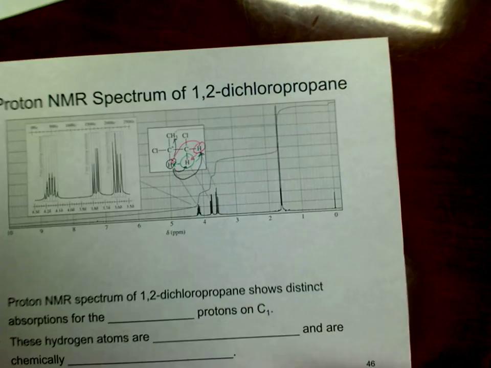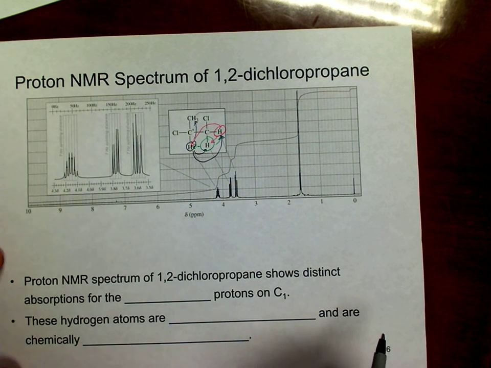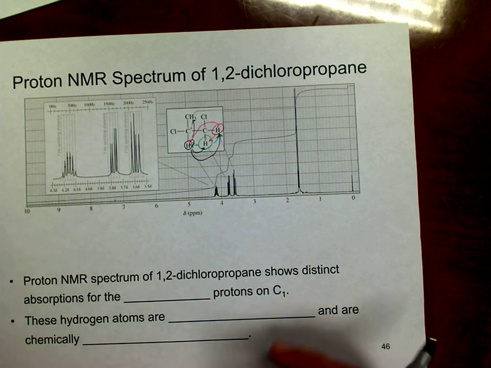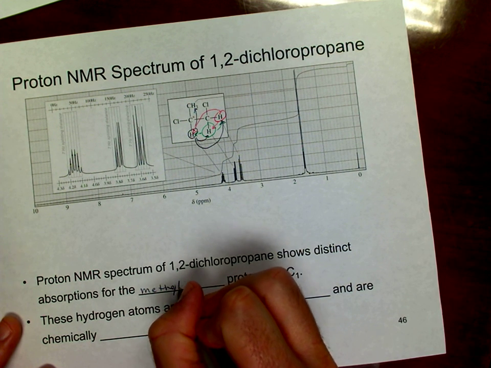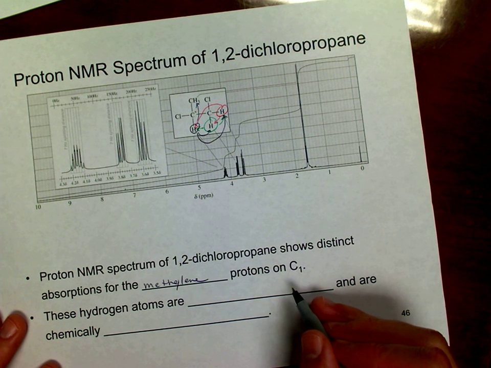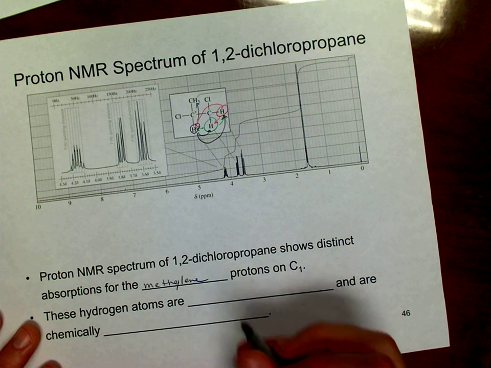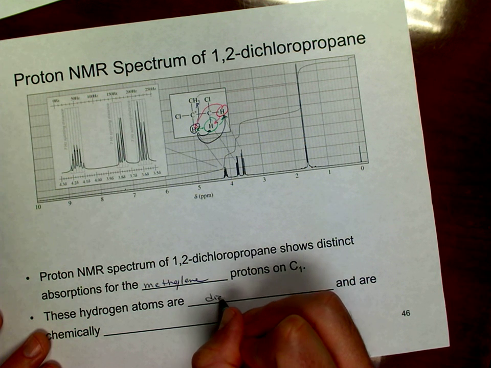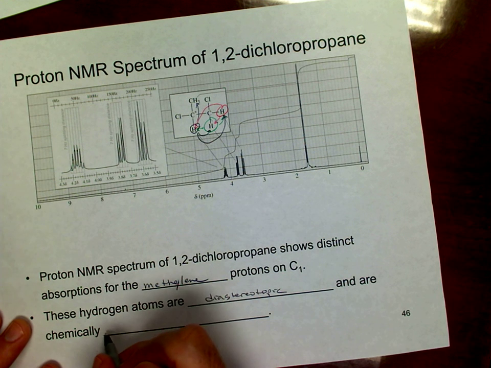It's splitting into a hextet or a sextet. Interestingly enough, there are distinct absorptions for the methylene protons on C1. These hydrogens are diastereotopic and are chemically non-equivalent.